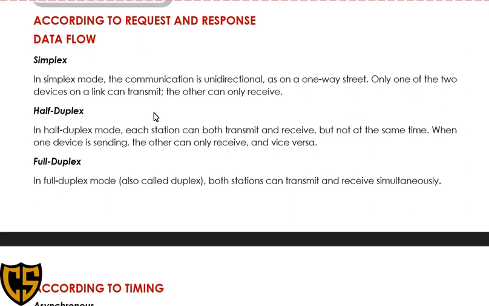Pwede ka makapakadto dito, pwede ka man makapabalik, pero isa lang kaalagyan. Ano lang, nang may barricade ka sa punta, butangan mo time kung sino ang mapakadto kag sino naman ang mabalik. That is half duplex. So in a transmission explanation, pwede nga ma-send ka data, pwede man nga ma-receive ka data, pero not at the same time.